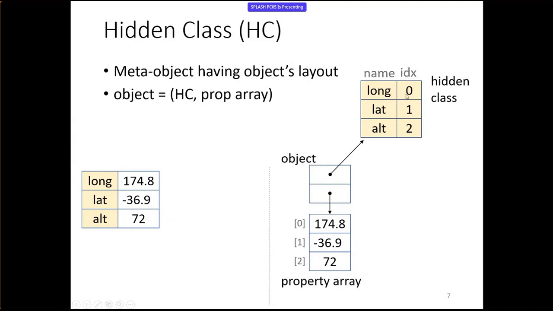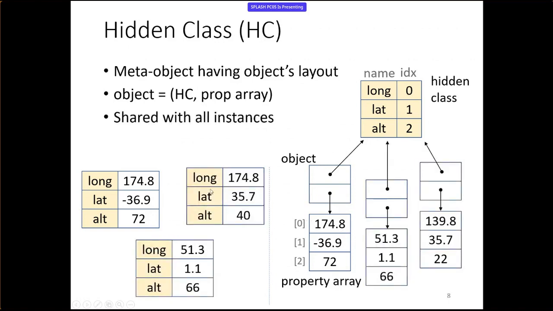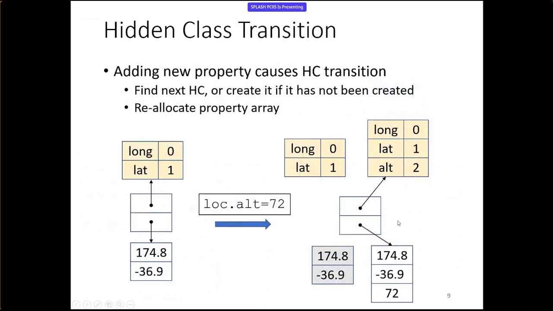So for this index, the value for the longitude is stored. And this hidden class is shared with multiple objects that have the same shape. So the hidden class is immutable.